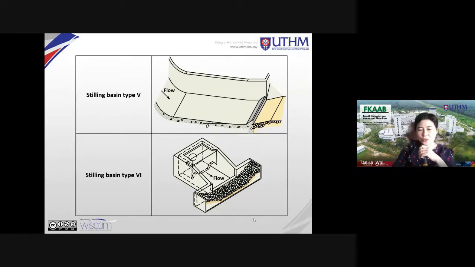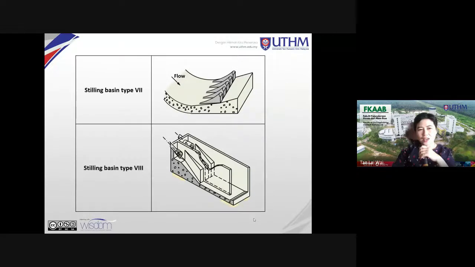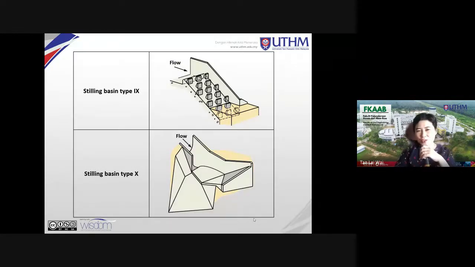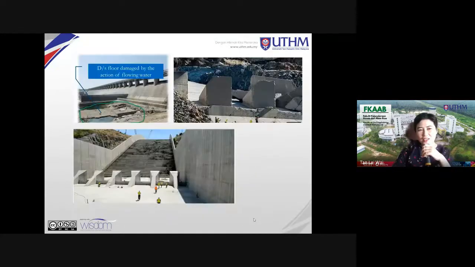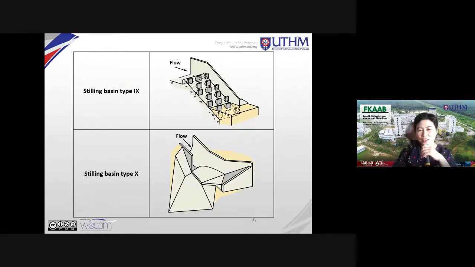So that's stilling basin type 6. And then you have stilling basin types 7 and 8. It's various types to cater for various designs of stilling basin and spillway, and then you have types 9 and 10, and so on. So, various types of stilling basin.